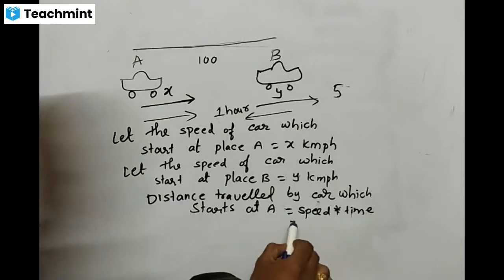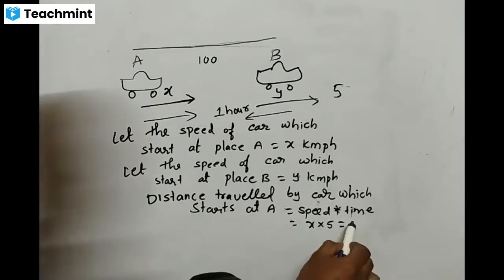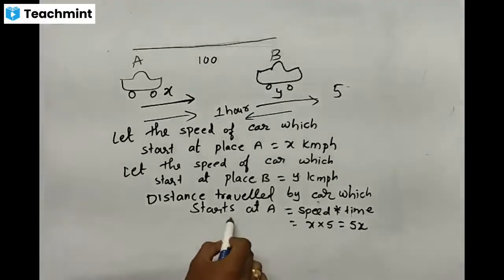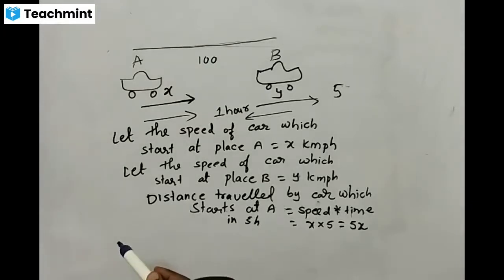X kilometers per hour. Time is 5 hours. So 5x in 5 hours. Speed into time. Write this up to here.